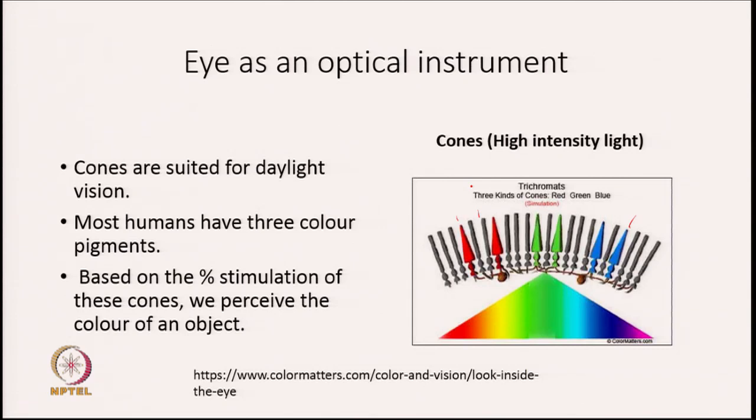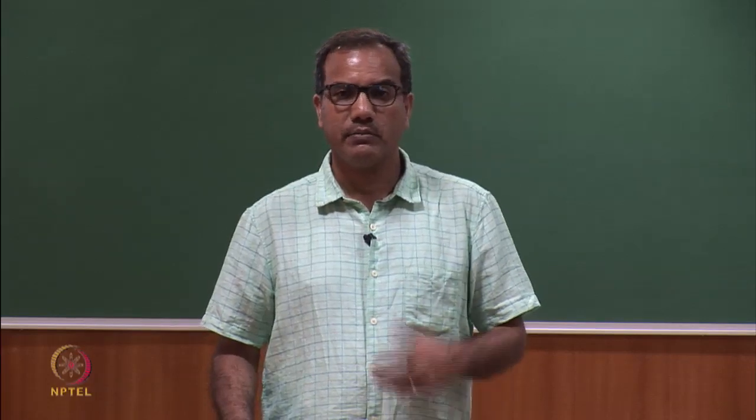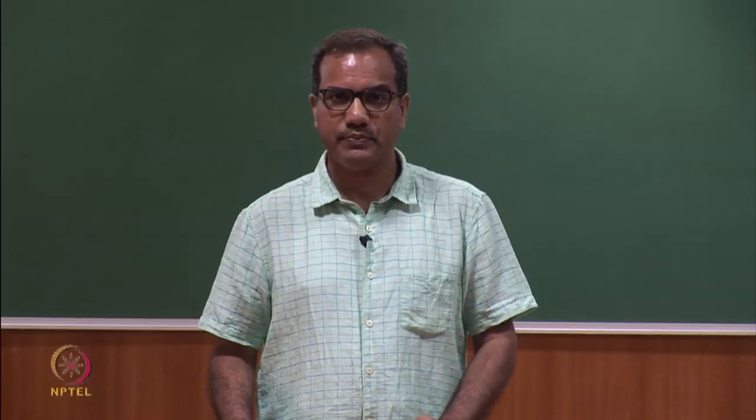So, most humans have three color pigments. That may not be true with the animals or other species, but humans have three color pigments. Some humans may have two color pigments and that may lead to color blindness.